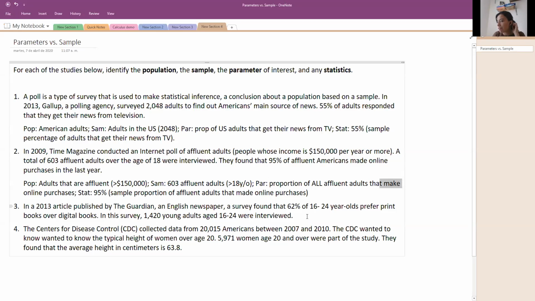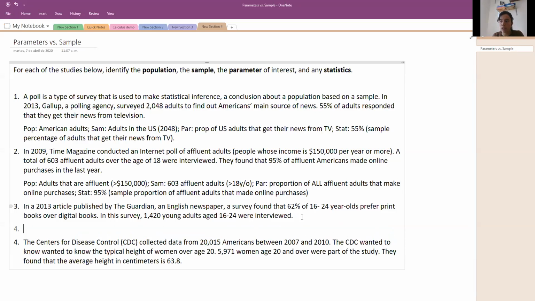Okay, third example. In 2013, an article published by The Guardian, an English newspaper, reported a survey that found that 62% of 16 to 24-year-olds prefer print books over digital books. In this survey, 1,420 young adults aged between 16 and 24 were interviewed.